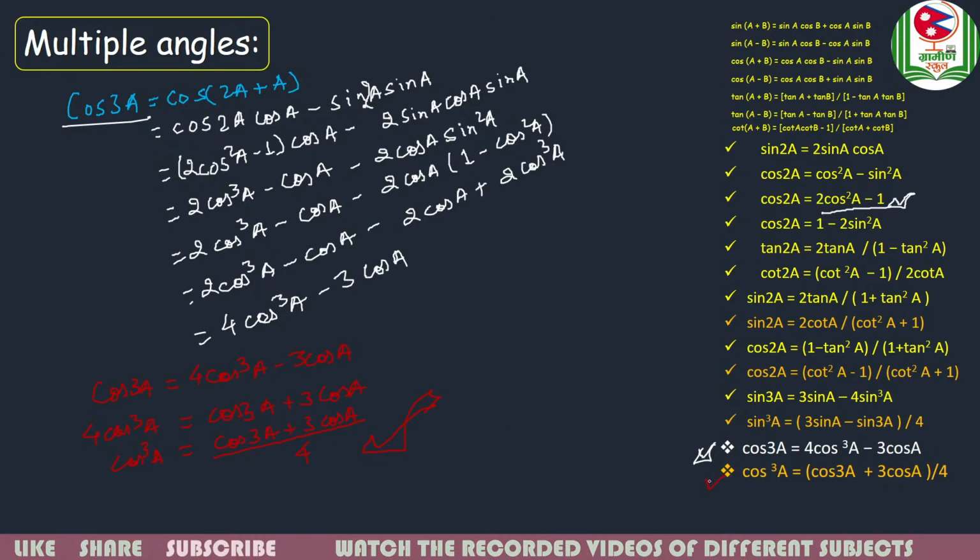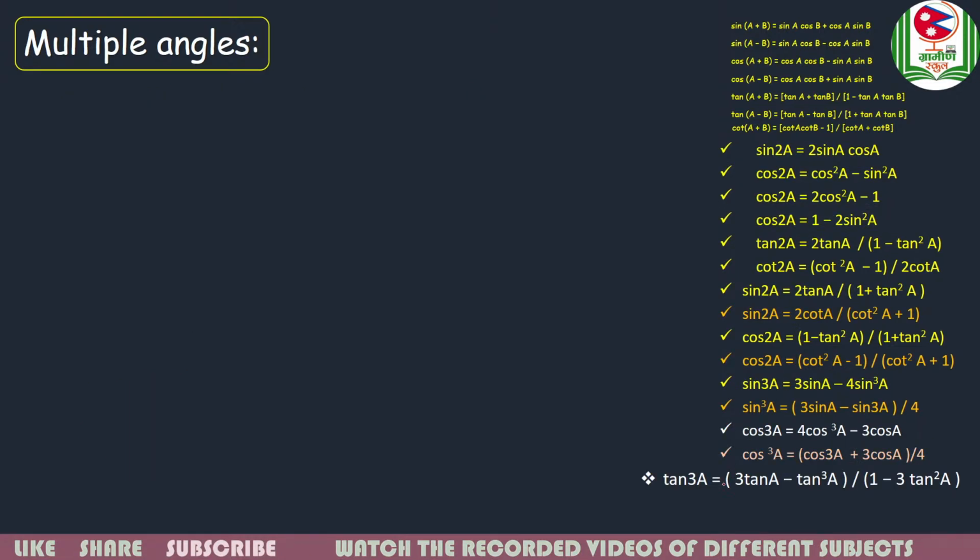Now let us move ahead and we will go for tan 3a. So what about tan 3a? To find tan 3a, we must have the idea about tan a plus b, and we know the formula for tan a plus b, that is tan a plus tan b, whole divided by 1 minus tan a into tan b.